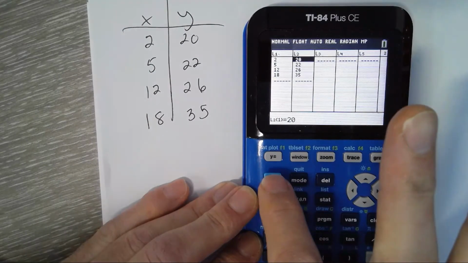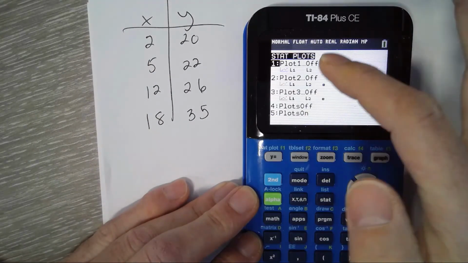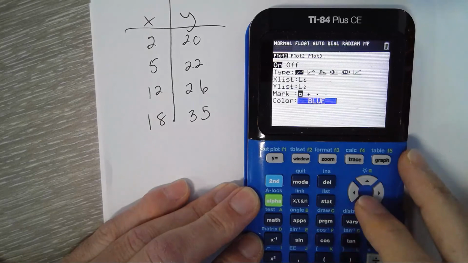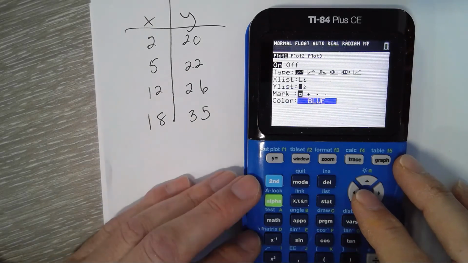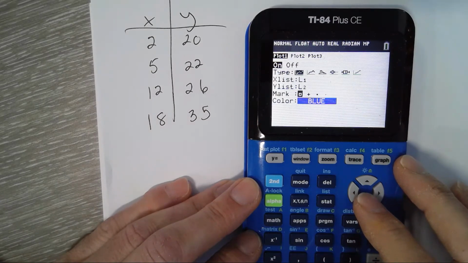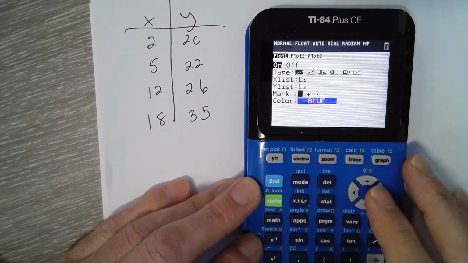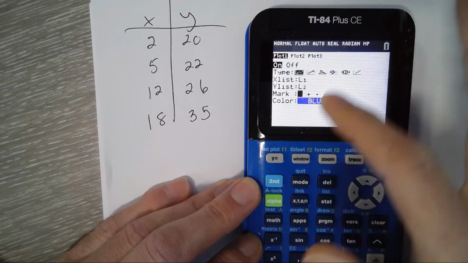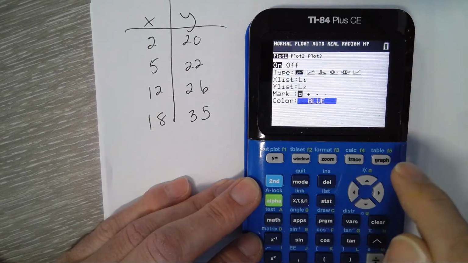Second stat plot. All my plots are off, so I'm going to hit enter and turn my plot 1 on. Notice L1 and L2 are the lists that it's going to plot, which is what we want because that's where we entered it. You can choose any graphic you want. That's probably the best one. So hit enter. So our plot is on. Now I'm going to graph.